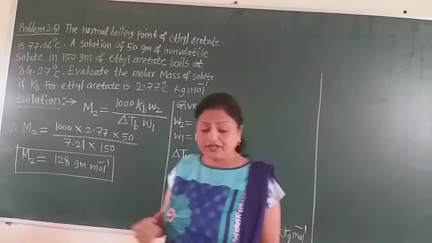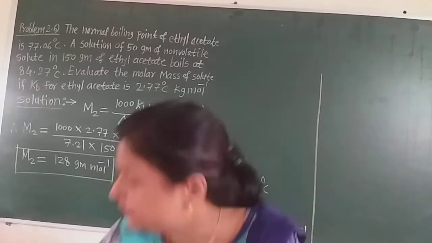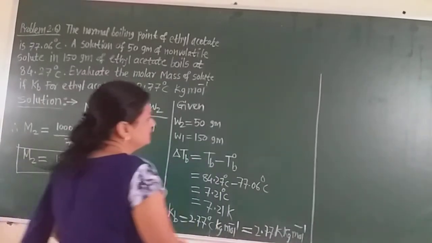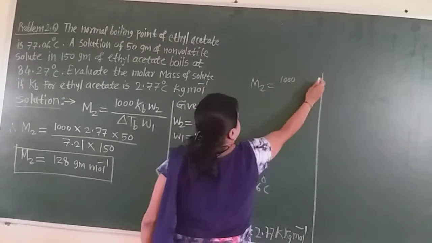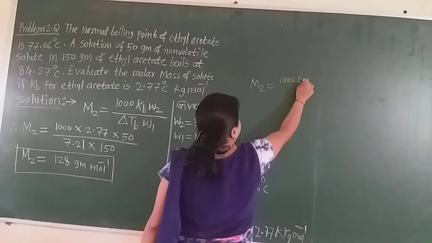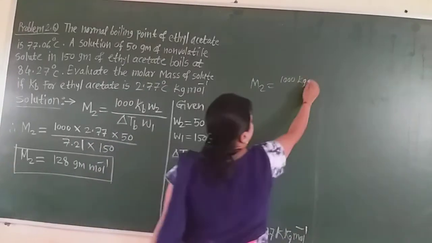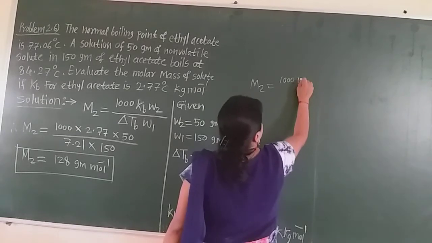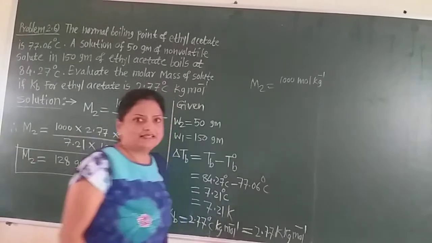Now how is this unit obtained? By substituting all the units. See here, M2 is equal to 1000, and we know the unit is mole per kilogram, sorry, that is the molality.